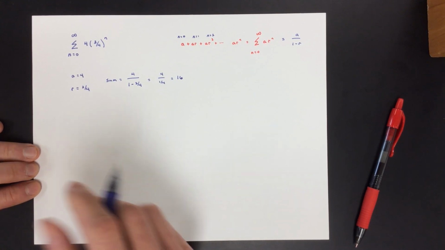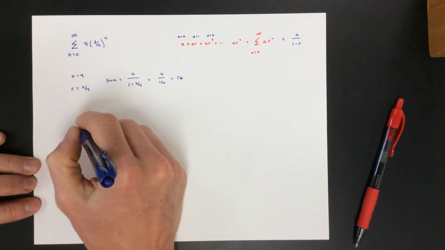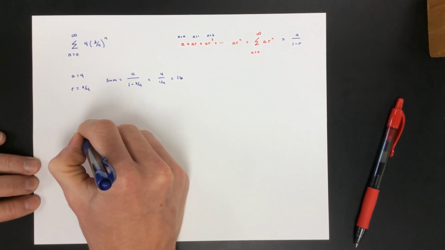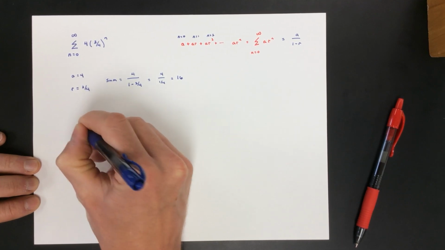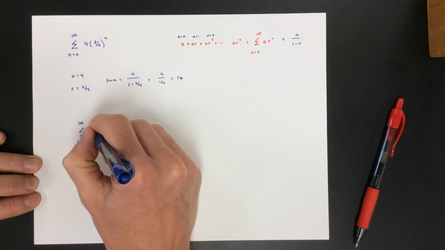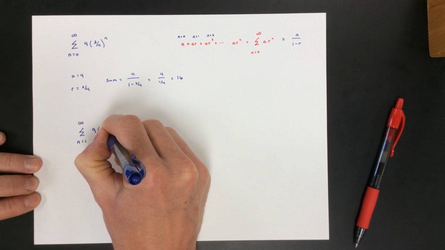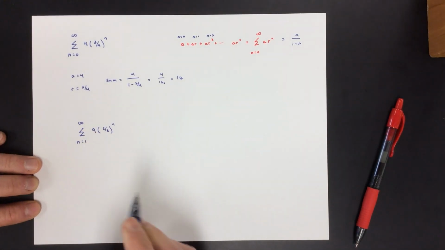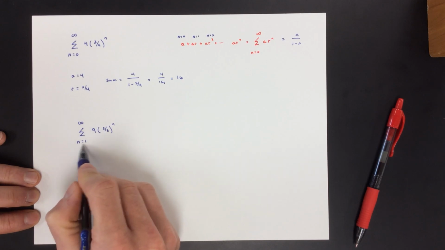So far, so good? Okay, so how can I make this more difficult? How about this one? What if I said this is the sum from n equals 1 to infinity of 9 times 2/3 to the n. So it looks like this is a and this is r, but this is a little trick.